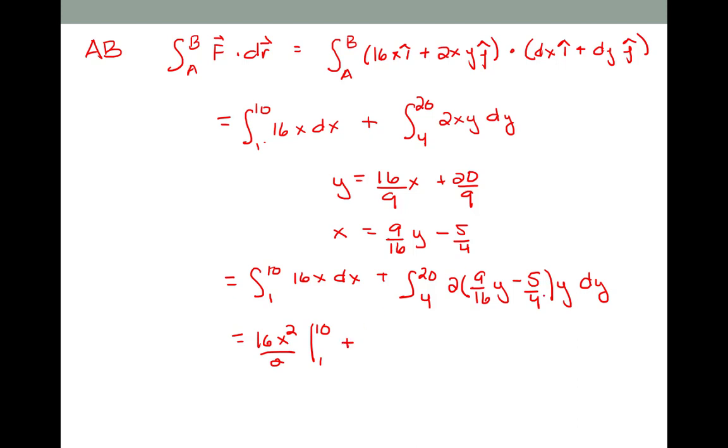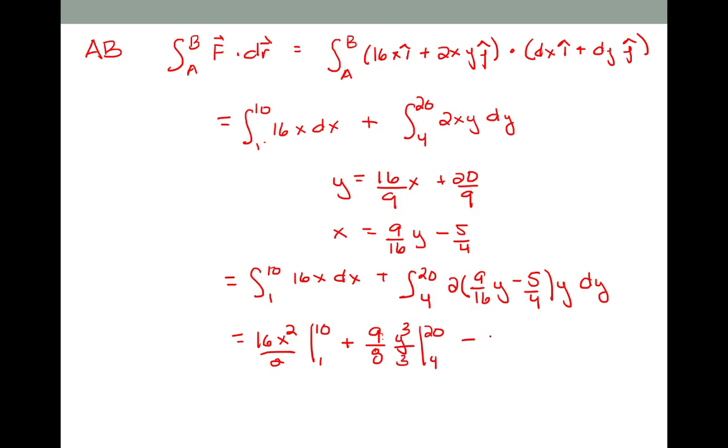I have two integrals I need to do here. The first is 2 times 9/16 y times y. So that works out to be the integral of 9/8 y squared, or 9/8 y cubed over 3 evaluated from 4 to 20. The next one I need to do is 2 times -5/4 times y.